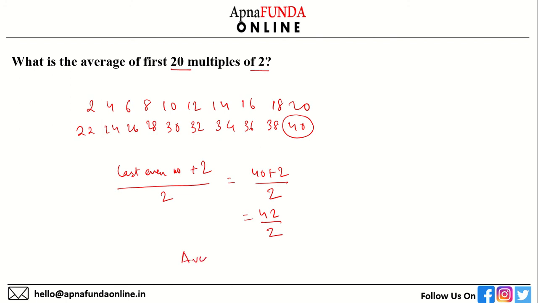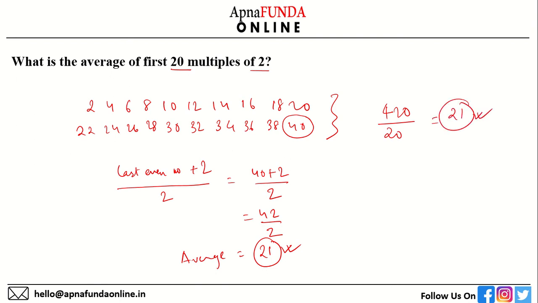So my average of the first 20 multiples of 2 is 21. Alternatively, you can add all these numbers, but it will take time. The addition will give you 420, and the number of numbers is 20, so divided by 20. Via this you will get the same answer, 21. I hope you have solved along with me, and this is the answer that you will get.